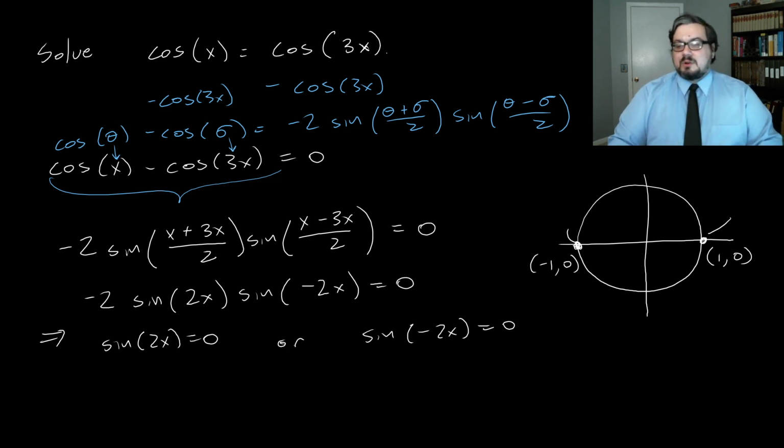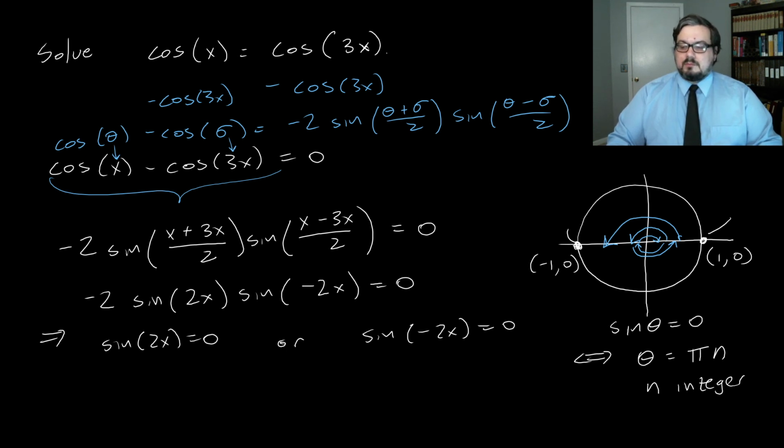Now the angles corresponding to that are 0, pi, 2 pi, 3 pi, and so forth in the positive direction, and then negative pi, negative 2 pi, etc., in the other direction. So we have that sine of theta equals 0 if and only if theta is equal to pi n, for n an integer. So sine of theta is 0 if and only if theta is a multiple of pi.